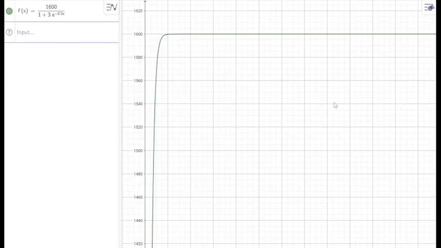So if we look at this on a graph where our x-axis is our time in years, and then our y-axis is our population, we see that the graph increases and continues to increase, and then it starts to level off, and it has a horizontal asymptote at 1600. It never actually touches 1600, it just approaches 1600 as our time goes on and on.